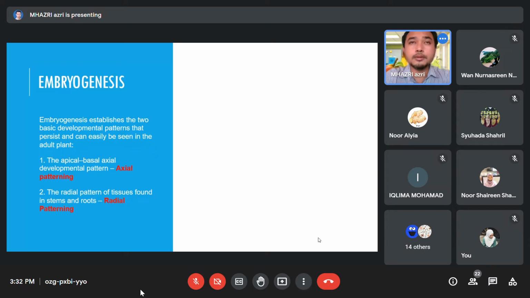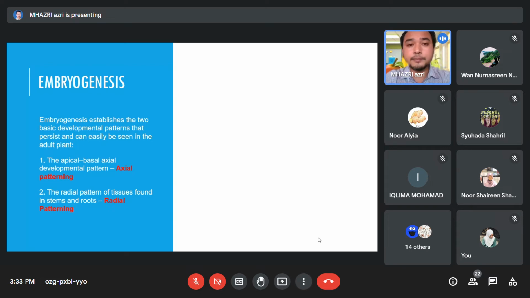Okay, so plants are different from animals and also humans. In humans and animals, our growth can be stopped at a certain stage. But for plants, they can grow continuously. So during embryogenesis, we can observe the patterns, axial patterning and also radial patterning.